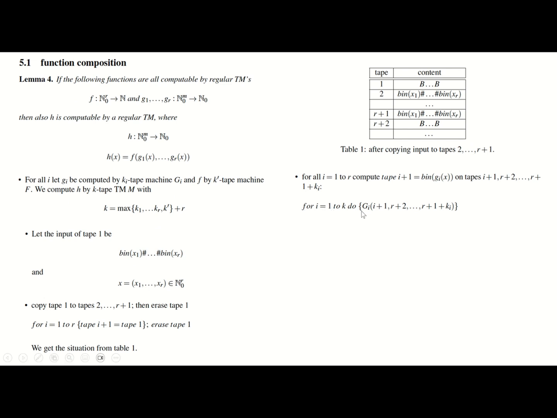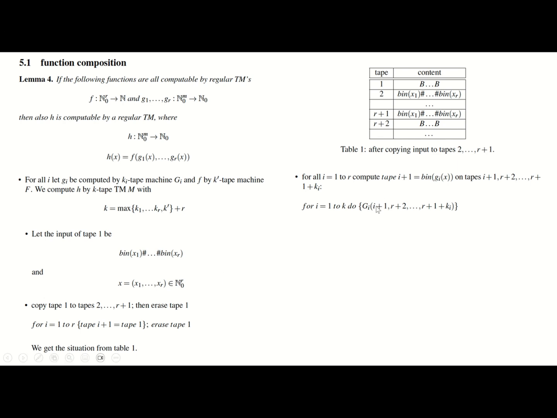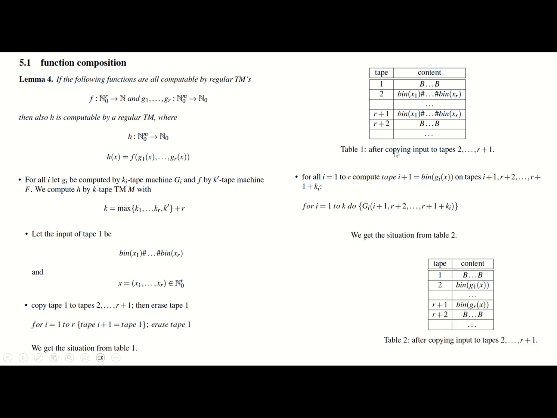This is a Turing machine that concatenates G1, G2, G3, G4, but not just G1 as is, but G1 using these tapes instead of the same tapes that G1 would be using, first and second and third tape. No, do the same as G1, but instead use tape 2 and r plus 2, so that you do not distort the tapes that are needed for the G's that are coming in the future or whatever. So this actually now computes the composition.